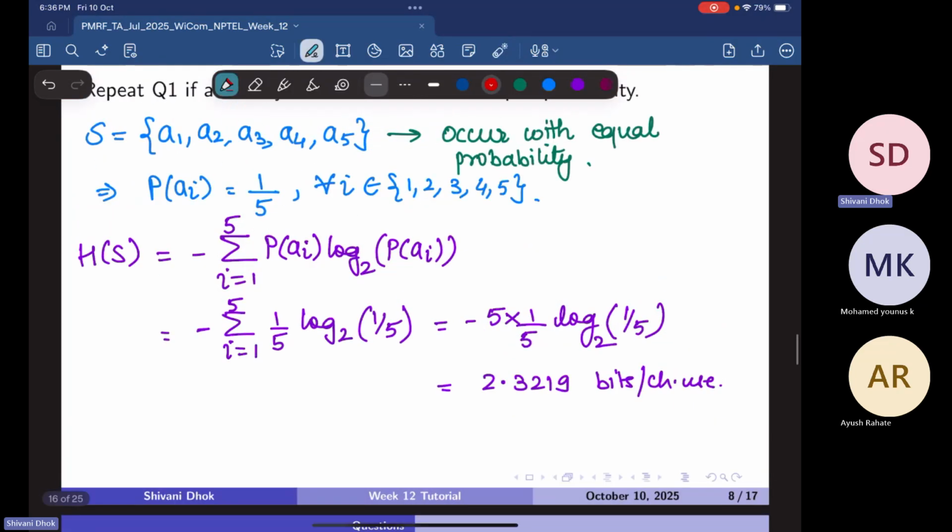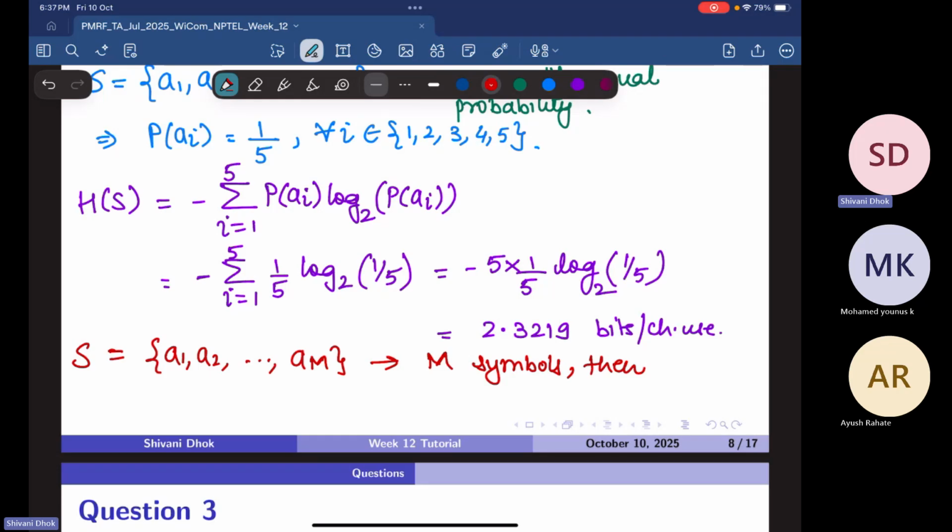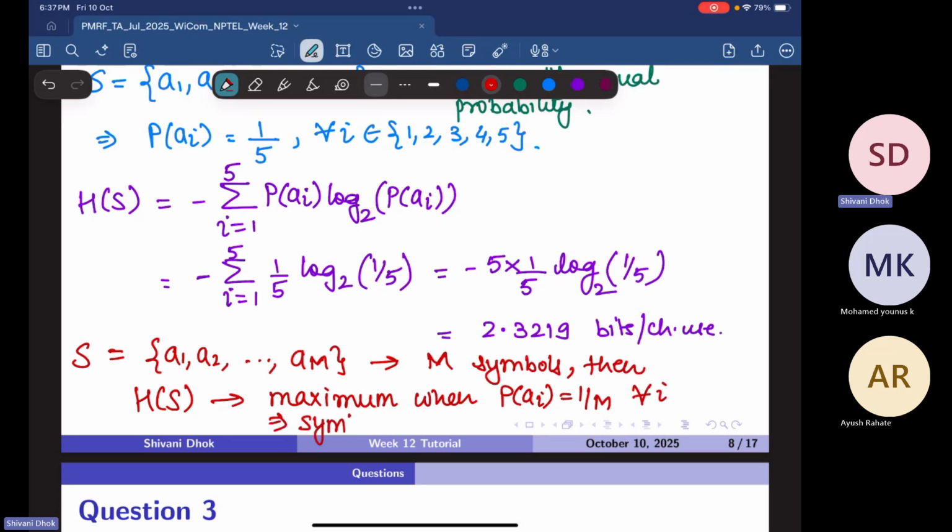So a takeaway you can have is, if S is an alphabet which has A1, A2 and so on till AM, which means M symbols, then H of S will be maximum when the probability of Ai is 1 over M for all i, which means that the symbols are equiprobable.